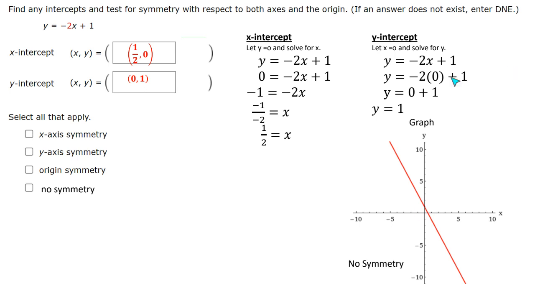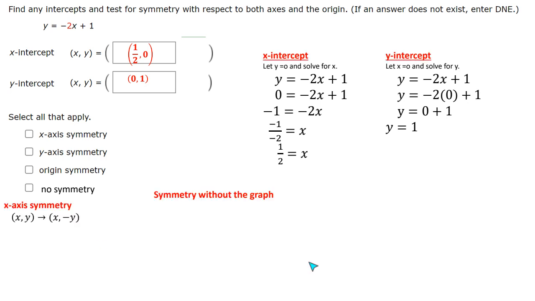Now we can also find symmetry using algebraic ways. To find the x-axis symmetry, we switch our y to negative. Here we have y equal to negative 2x plus 1, which is our original equation.